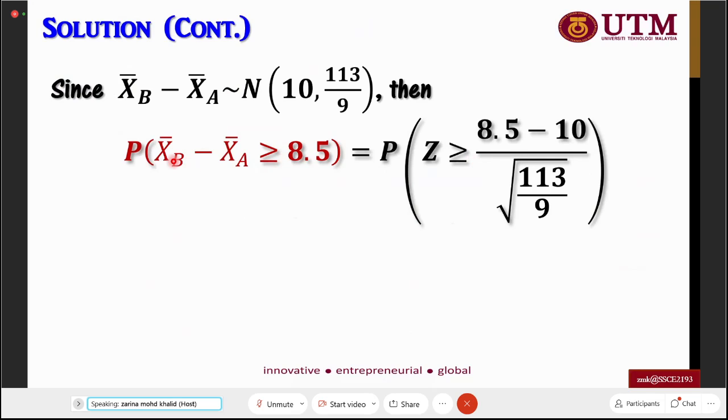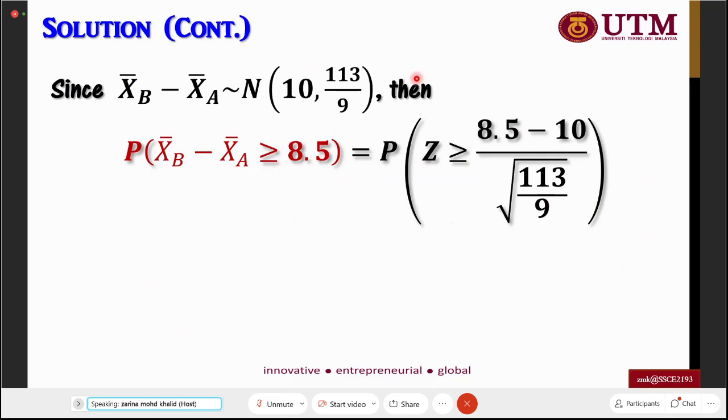So straight away, standardize x bar B minus x bar A to z, and the value of the difference should be standardized as well. So you have 8.5 minus its mean 10, divided by its standard deviation, square root of 113 over 9.